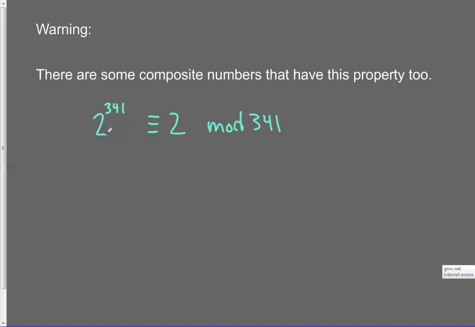So if you take 2 to the 341, it turns out that that is congruent to 2 mod 341. So 341 is acting like a prime number vis-a-vis Fermat's little theorem. But unfortunately, it turns out that 341 is composite. It's 11 times 31. So it's kind of like a false positive that we got here.